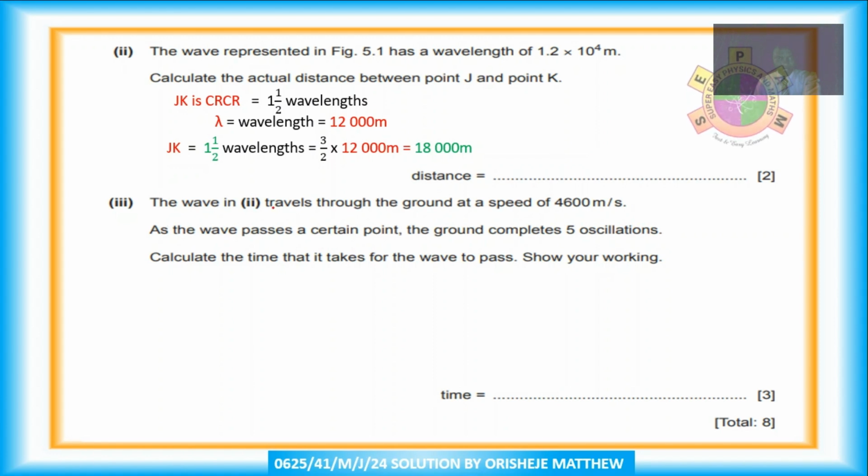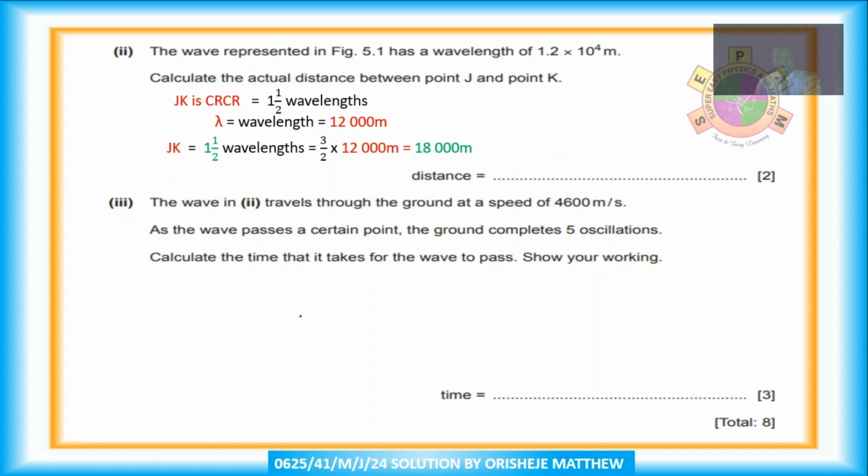The wave in question B2 travels through the ground at a speed of 4,600 meters per second. As the wave passes through a certain point, the ground completes 5 oscillations, that's 5 complete cycles or vibrations. Calculate the time it takes for the wave to pass through.